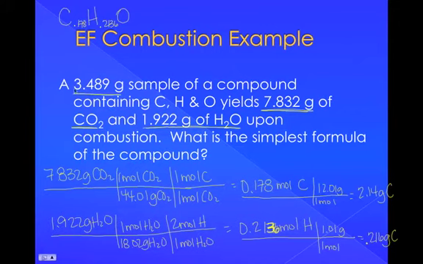So we had a total of 3.489 grams, but this much of it was carbon, and this much of it was hydrogen. So I'm going to take 3.489, subtract that 2.14, and also subtract the 0.216, and what's left behind is 1.13. So I know that I have 1.13 grams of oxygen, so I need to figure out how many moles that is.